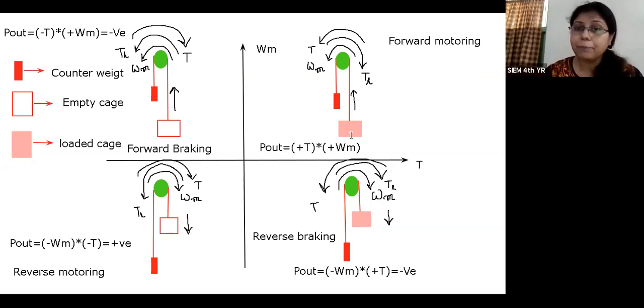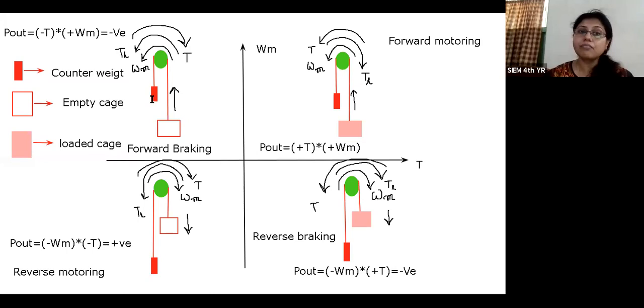But the cage is loaded, so obviously the load torque will occur towards the loaded cage. So this is the direction of the load torque, whereas the motor torque and the load torque are obviously opposite to each other as per Newton's third law. So we know that the direction of the motor torque is opposite to the load torque.